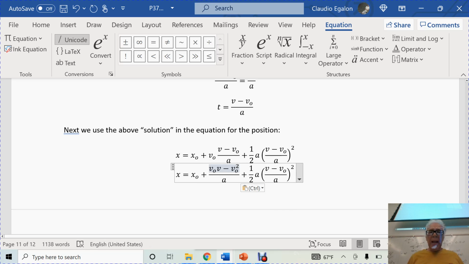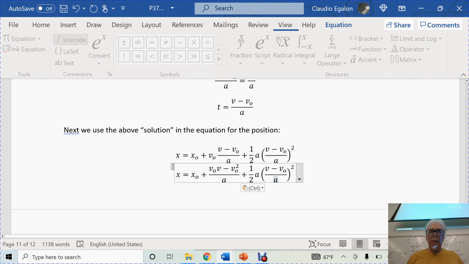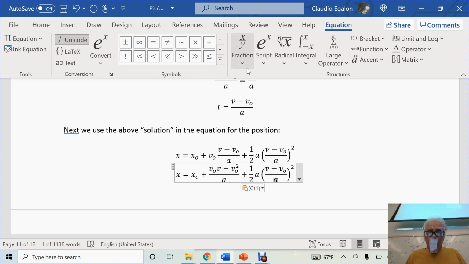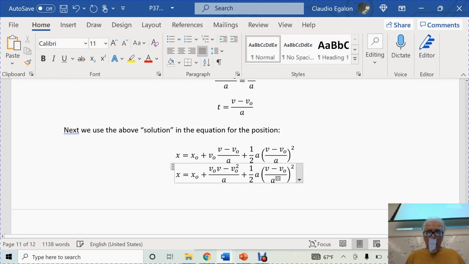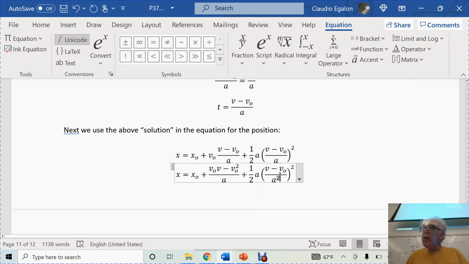And I have to expand this one, which is going to become a square. Can you do that? Try to do that without looking at what I am doing. If you can, that's because you're good in algebra.